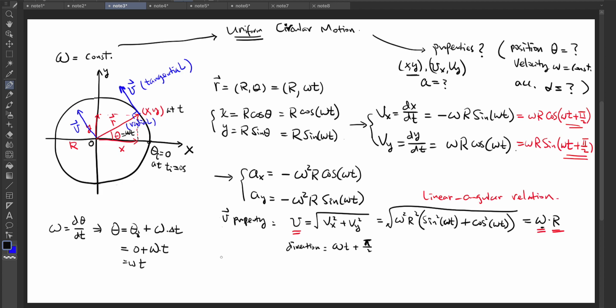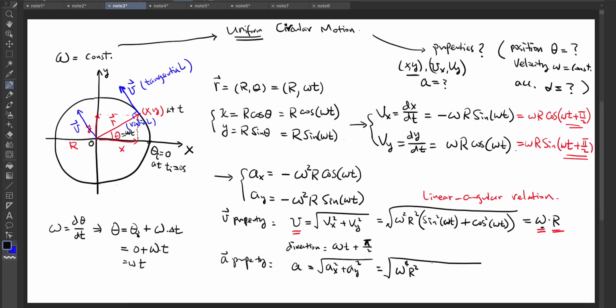Now how about a's property? First, magnitude. The magnitude is given by the square root of ax squared plus ay squared. So when I plug in these two expressions, I get omega to the 4th power and then r squared.